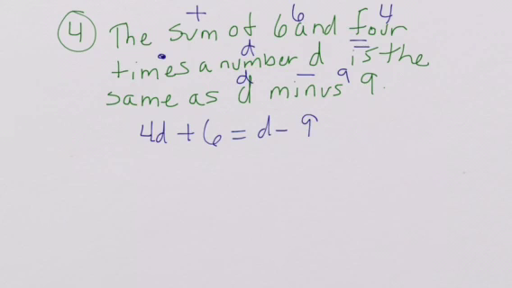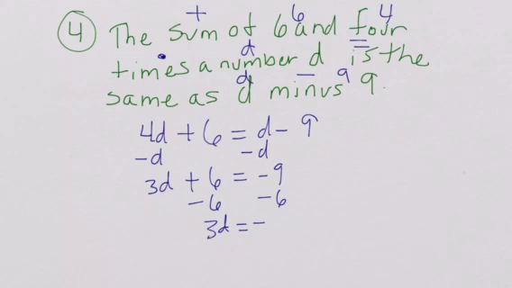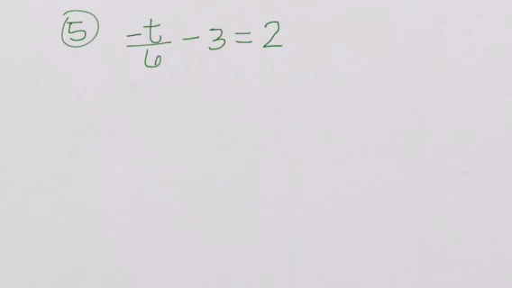Let's solve for D. So we're going to go ahead and ask, is the variable on the left? Well, one of the variable terms is, so we're going to go ahead and zero pair out the other one. So it's going to be 3D plus 6 is equal to negative 9. Zero pair out the 6, so 3D is equal to negative 15. Divide by 3, D is equal to negative 5.